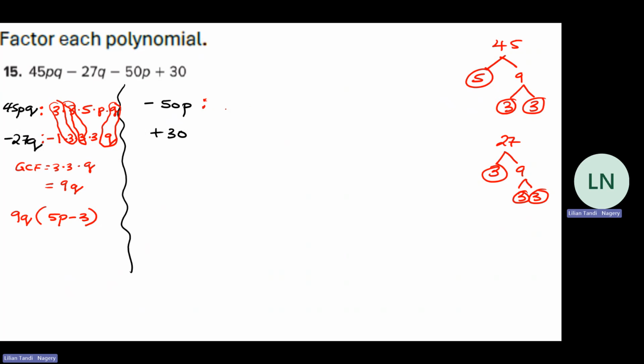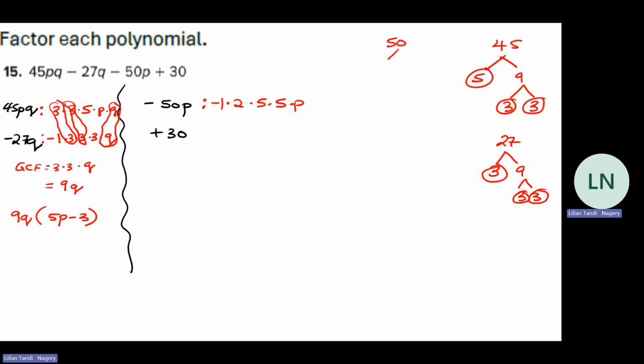Then you do this one, it will be negative 2 times 5 times 5 times P. So break down, no, negative 1 times 2 times 5 times P. How do I know?